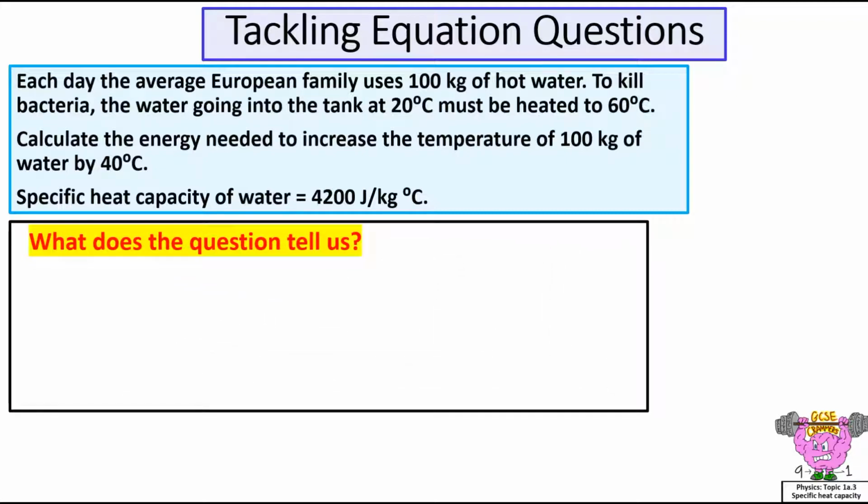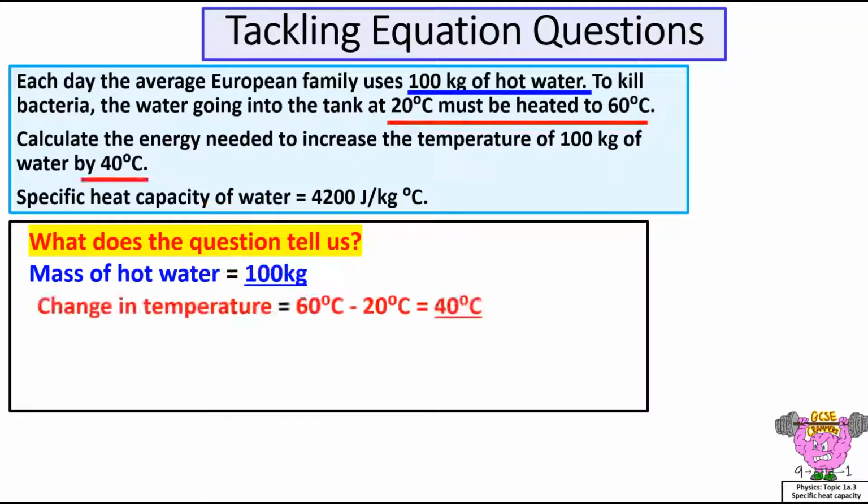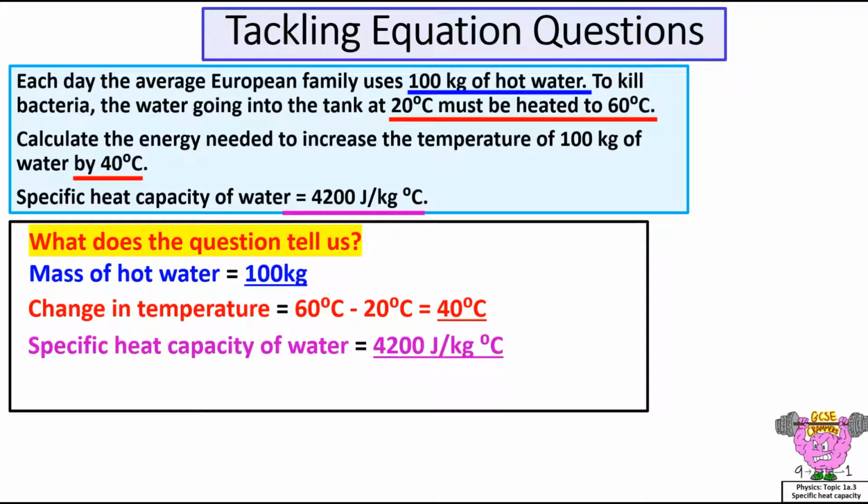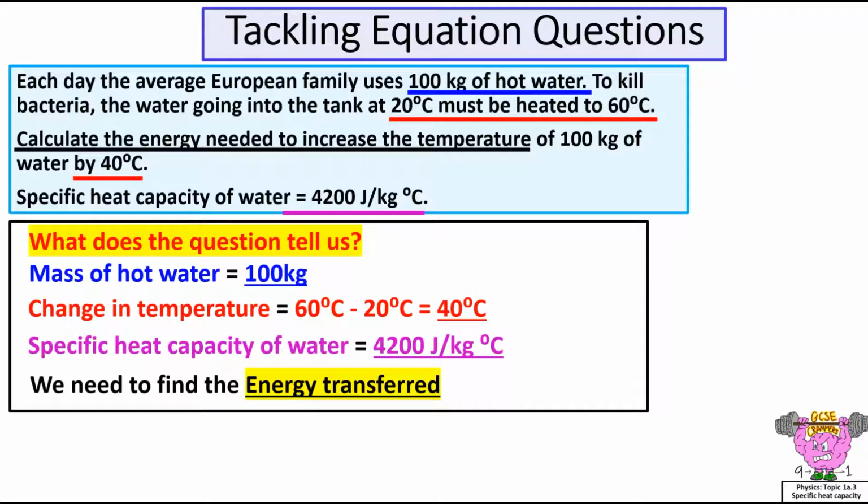What does the question tell us? The mass of the hot water is 100 kilograms. The change in temperature is 60 degrees C minus 20 degrees C, which equals 40 degrees C. Specific heat capacity of water equals 4,200 joules per kilogram degrees C. And finally, we need to find the energy transferred.